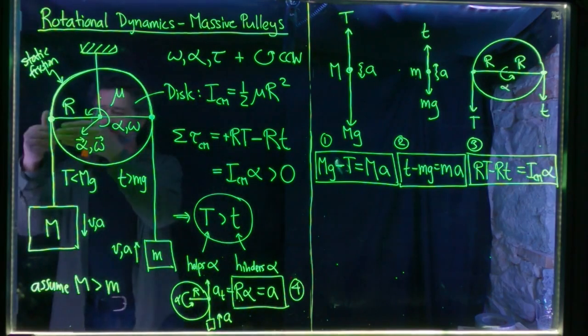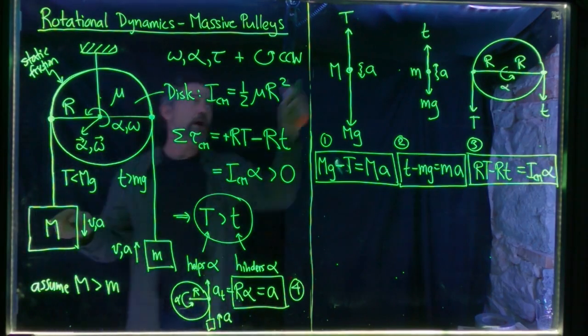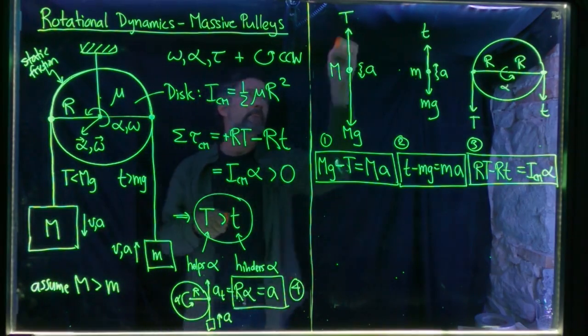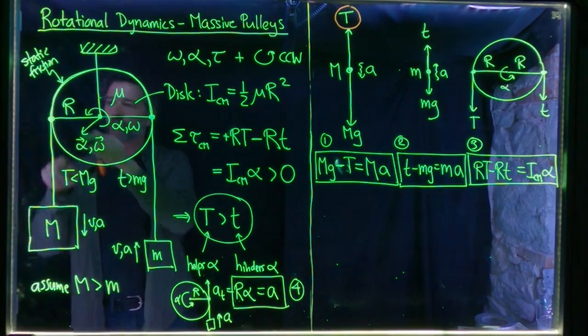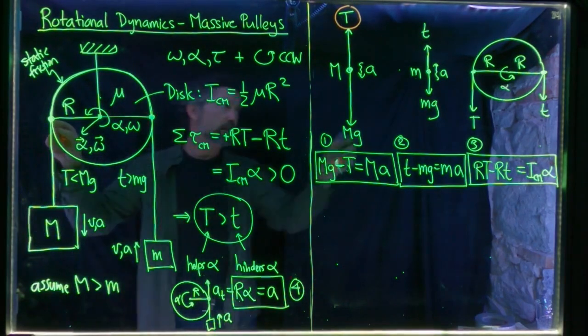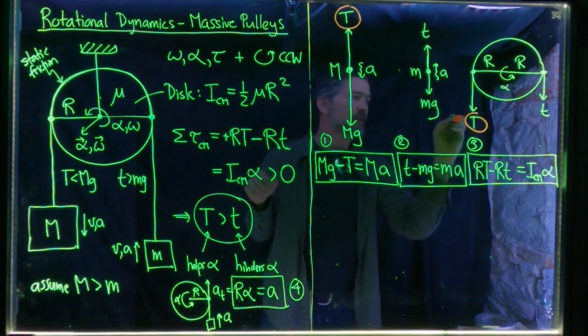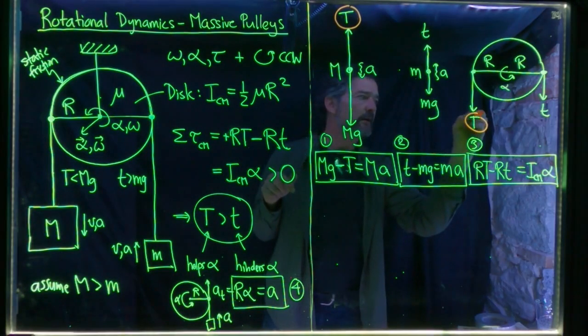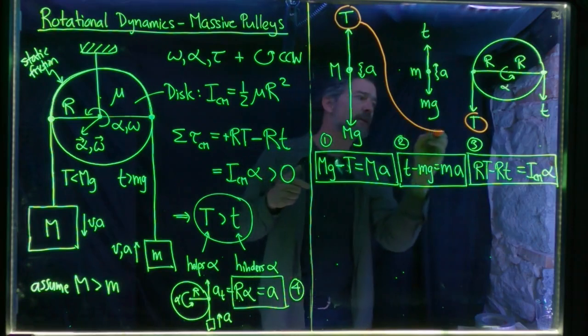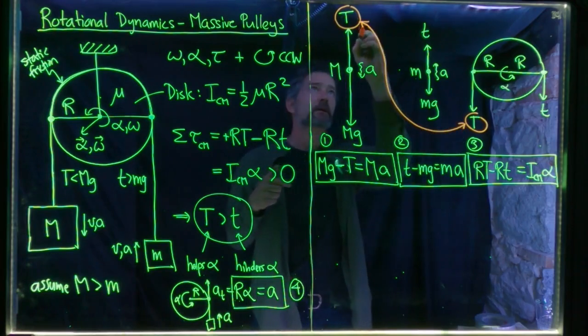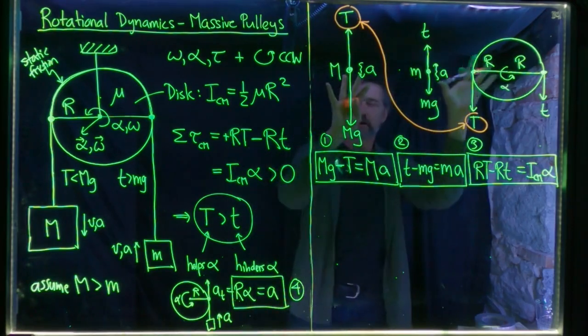This rope under tension capital T is exerting an upward force on big M. It's also exerting a downward force on the rim of the wheel at exactly that point. So this one and this one are Newton's third law action-reaction pairs amongst your free body diagrams.